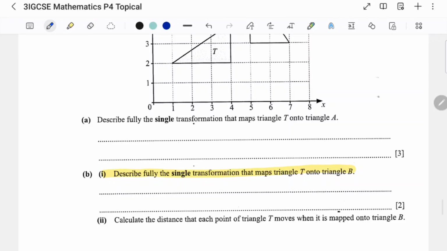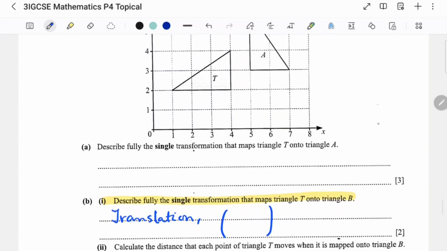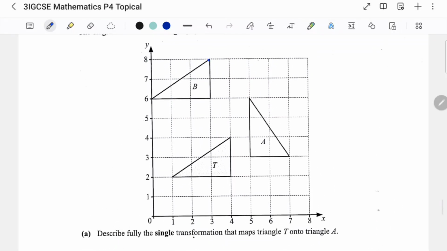So write down translation and then give the translation vector, and for the translation vector we'll have to give the value of x and y.